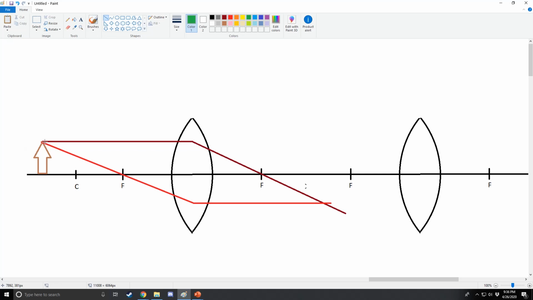But when I draw my 3 lines, I should end up getting, all right, that one actually forms a little bit better. So we get an inverted image here.